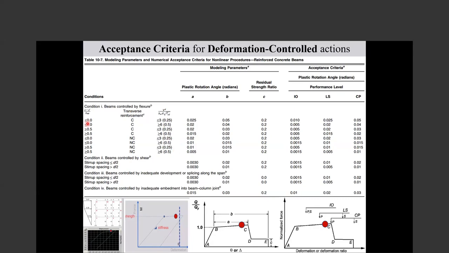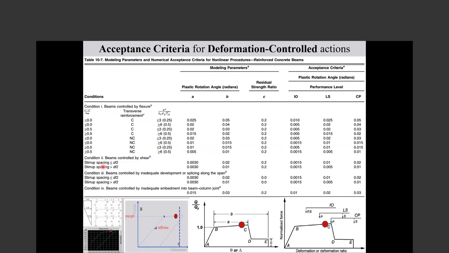If it's deficient, the value of A is not 0.025. It is, for example, 1/5 of B. This much. So why do you make me use this detailing that you are saying?